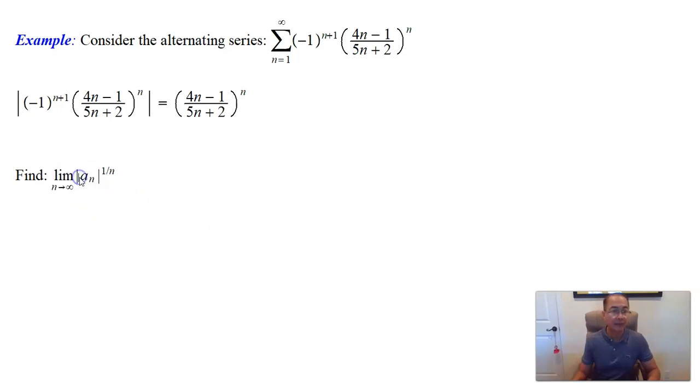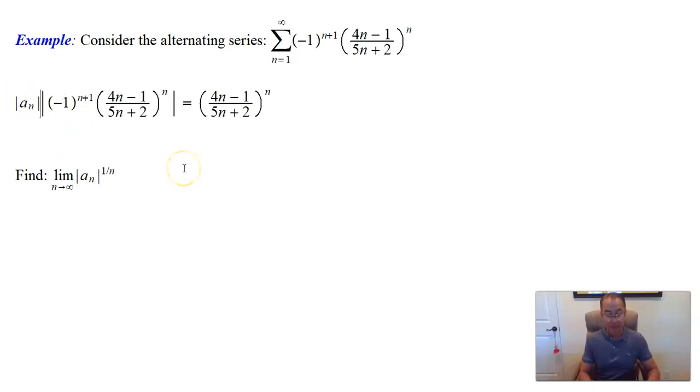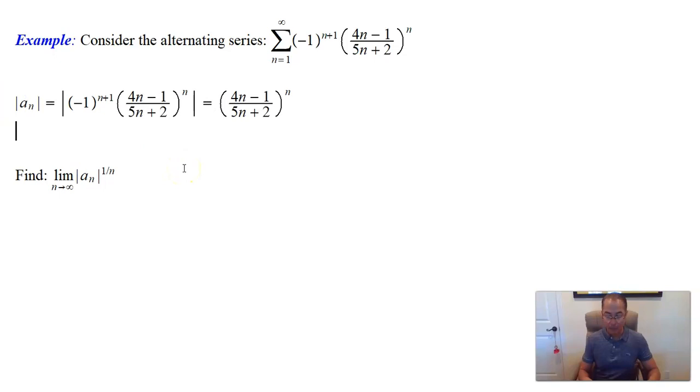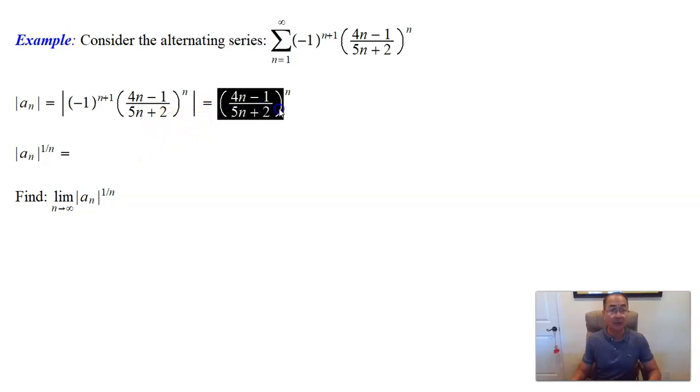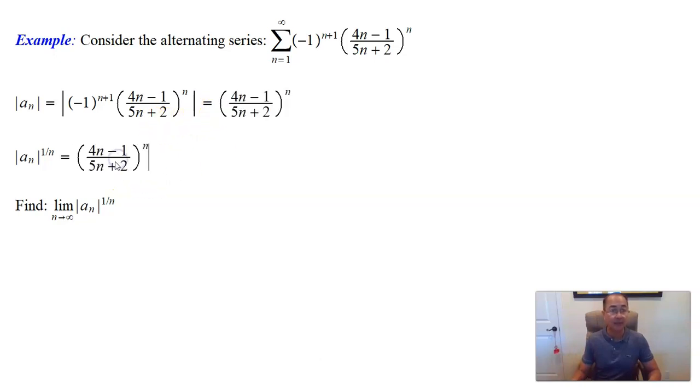So this is simply the a sub n. And now we want the nth root. So we want a sub n absolute value to the power 1 over n. We don't need the absolute value symbol anymore because we already turned it positive. So we're going to take that, and then we're going to take the nth root.